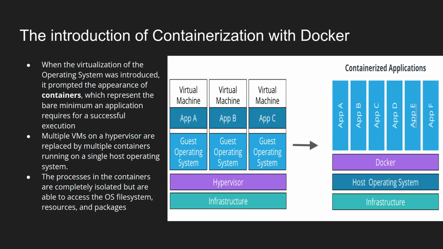And the other thing about this is that since it doesn't use your hypervisor and it just sits on your infrastructure and uses your operating system, then it's much easier to scale. As I mentioned, as you can see on this image, you can easily see an application A, B, C, D till F that is horizontally scaled.